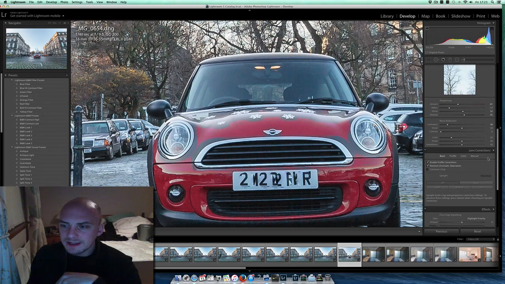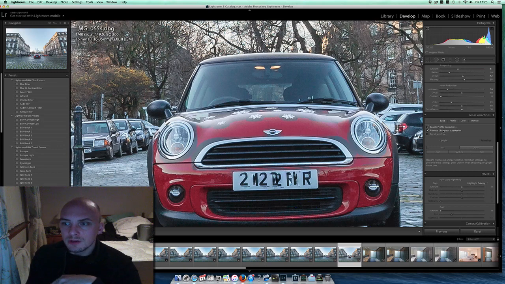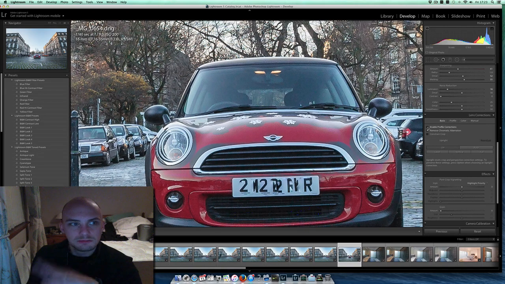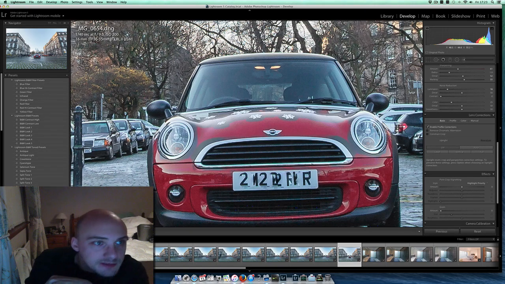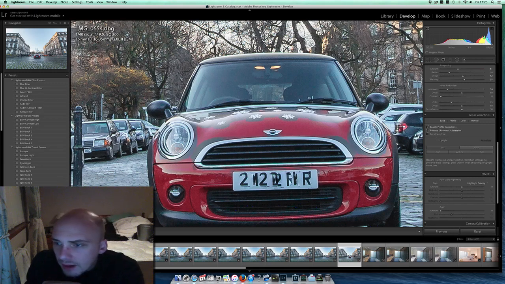Then there's a lens correction section where I was like, okay, let's see. What if I just disable profile corrections? That hasn't got rid of it. What if I remove chromatic aberration? But no, now I can see there's some tiny bits of blue around those bits. Can you see them? Yes, the blue slightly goes away.